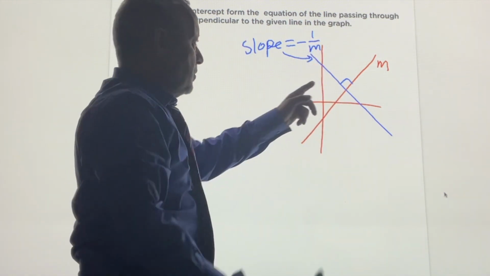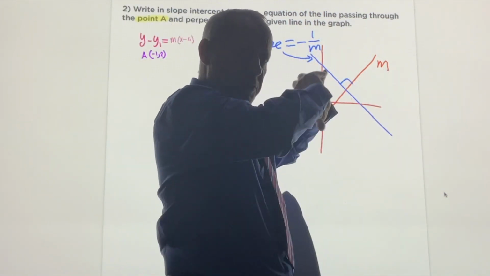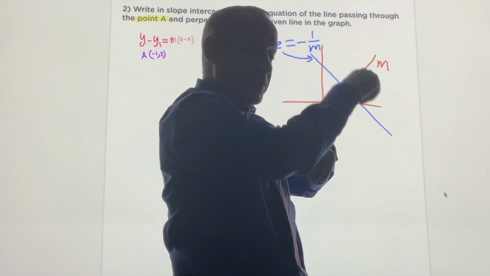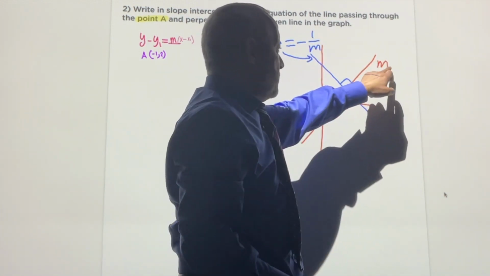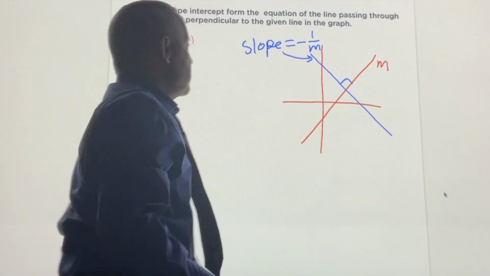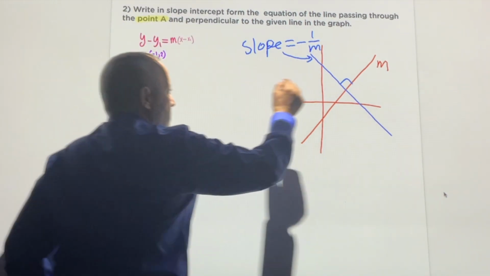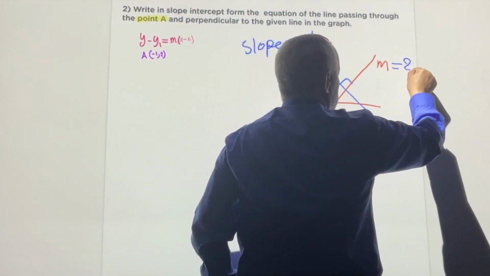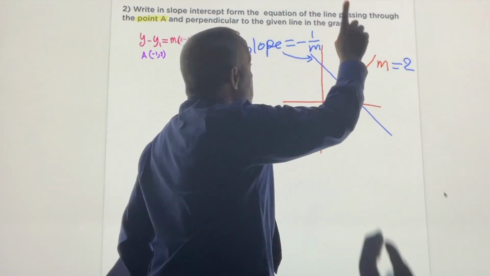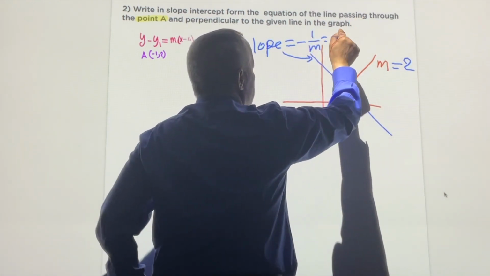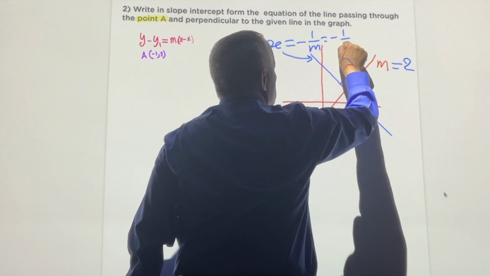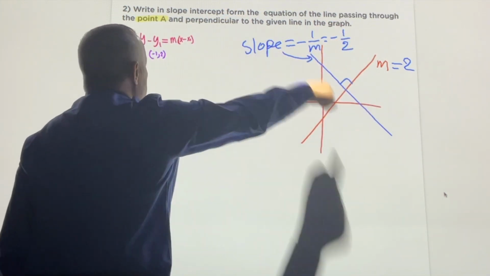You flip. Can you see this? You reverse it. You flip it and you change the sign. If this is plus, you put minus. If this is minus, you put plus. Now our m, this m is 2 for this line, the green line. So what would be this? Minus 1 over 2. Minus 1 over 2. That's the slope of the perpendicular.